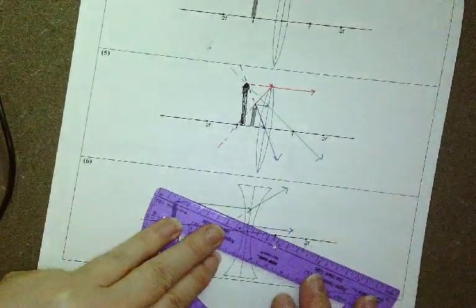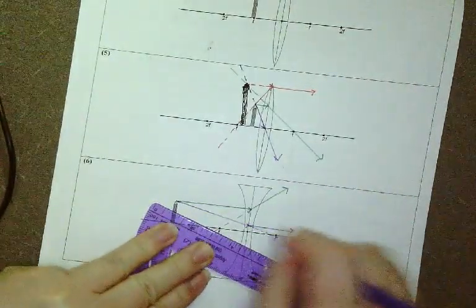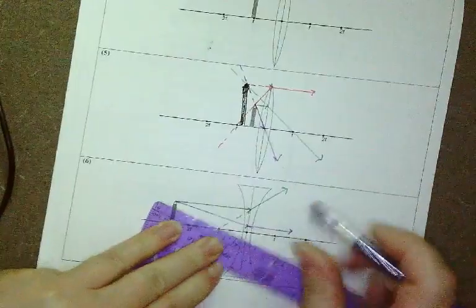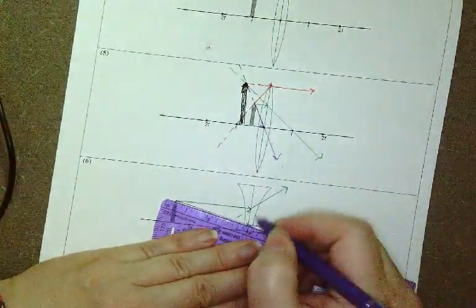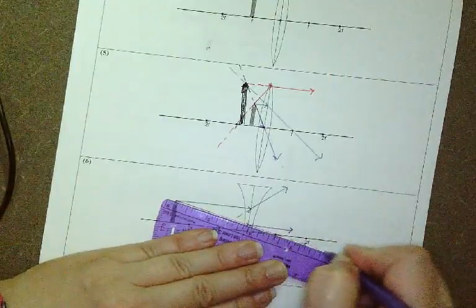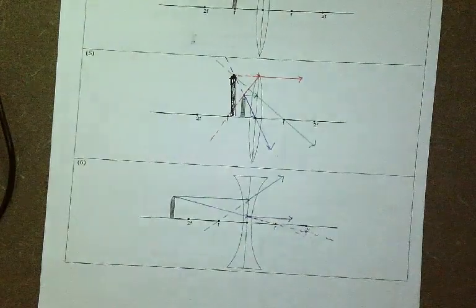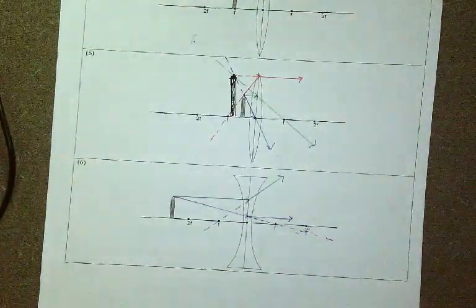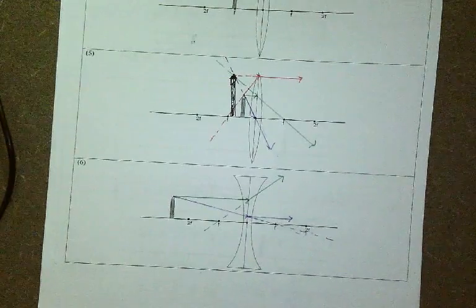It's going to go parallel, but it still is even with that focal point. It just bends, and I forgot to bend it. Okay, there we go. So that should have been dashed. Sorry, it bends there. My bad. It's okay. It's Friday. My brain wants to go home.